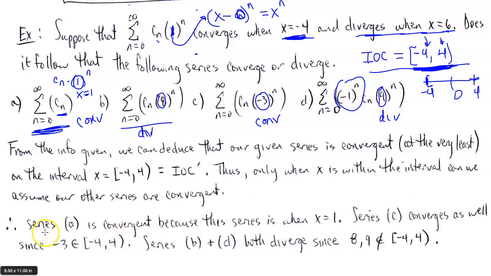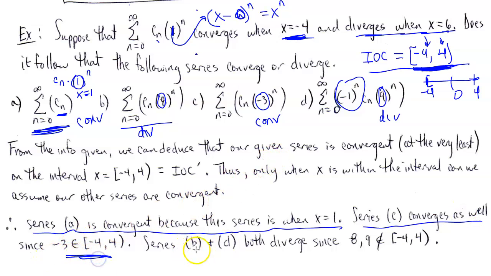And so that's why series A is going to converge, because it is essentially the power series when x is 1. The series for C is going to converge because 3 is inside of this particular interval, and B and D both diverge since 8 and 9 are outside of that interval, okay?